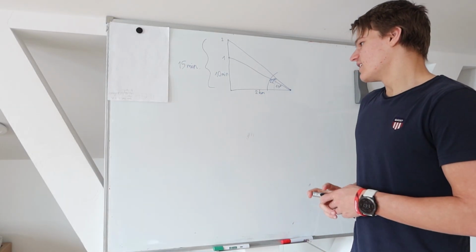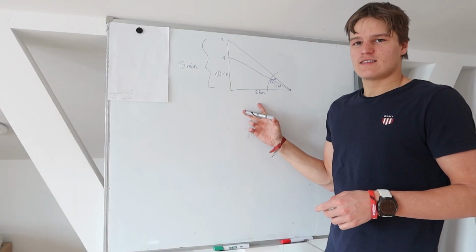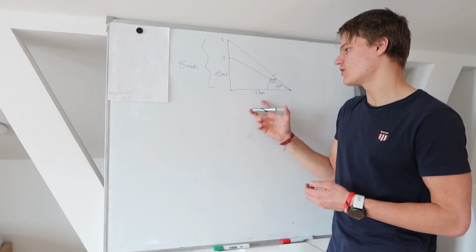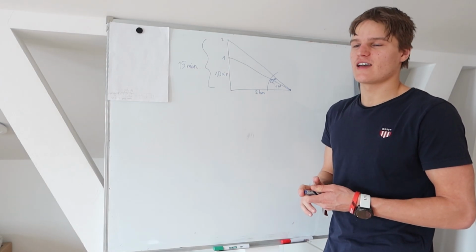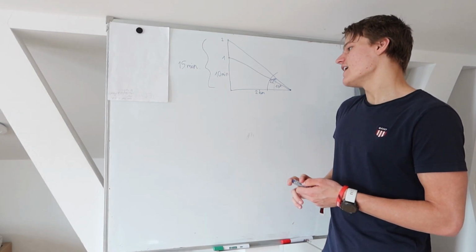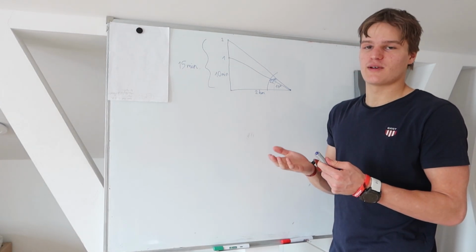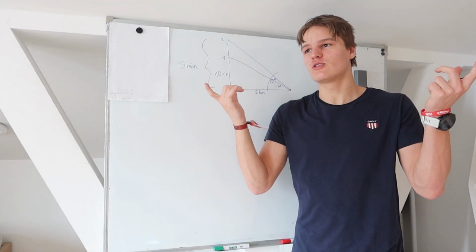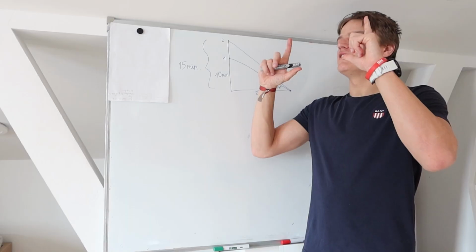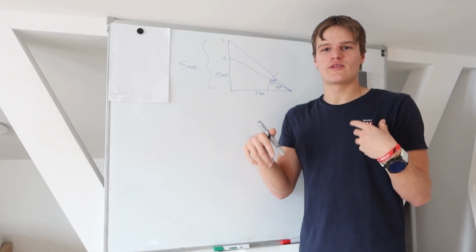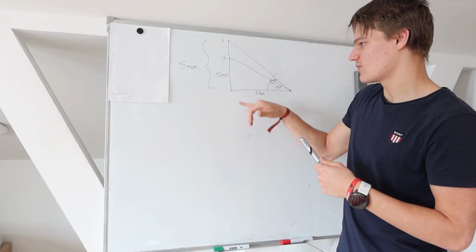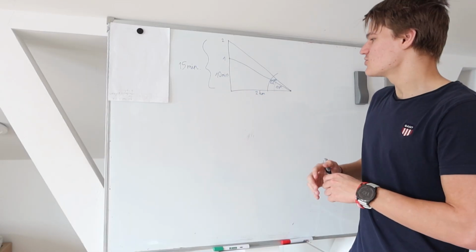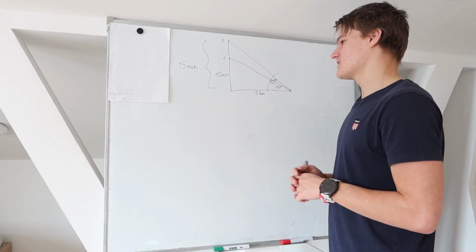Well, you know that the distance from where you stand to the point where the balloon took off is 2 kilometers, and you have an angle measuring device with which you can point your camera, and it's going to tell you what angle there is with the 0 degree plane. So yeah, let's have a look at this example.